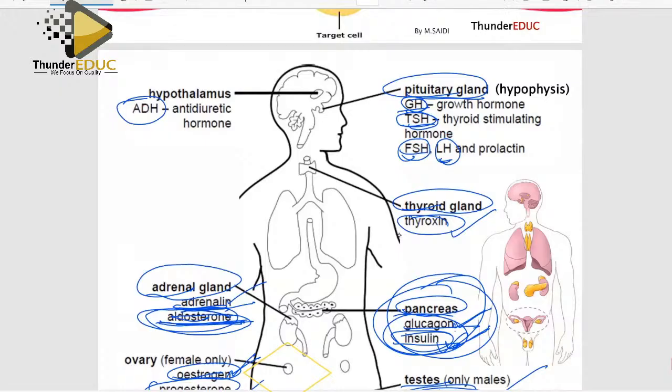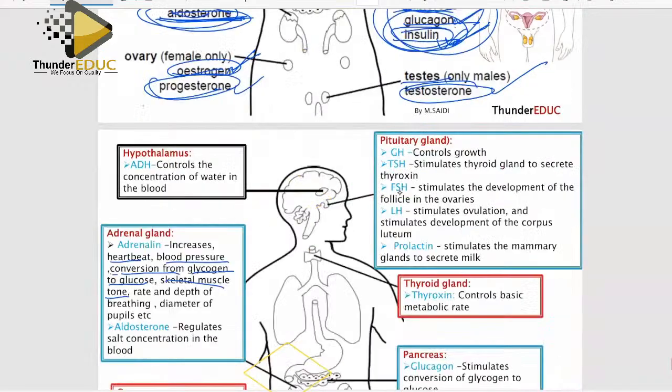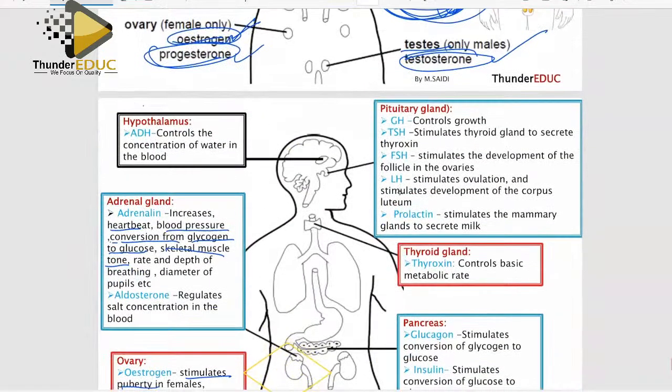So it brings about the normal functioning of the metabolic reactions. So we call it, sorry, we call it thyroxine. That's what we are saying here, that it controls the basic metabolic rate. So if you are weak, you are not active, it could be because of the thyroxine. Oxygen is not being absorbed by the body.